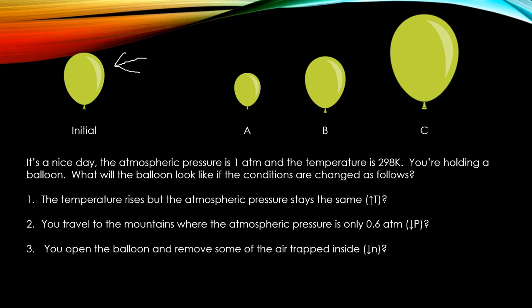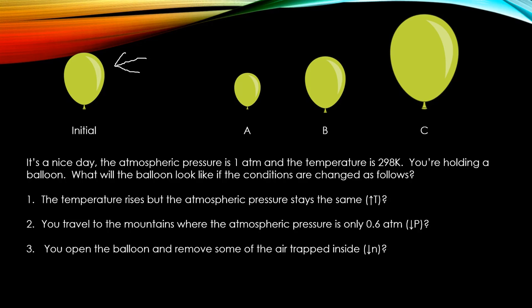All right. Third set of conditions. You start out with your initial, and you open up the balloon and remove some of the air trapped inside. So in other words, you're lowering the amount of gas inside the balloon. Well, you guys should know this since like kindergarten, but in terms of chemistry, that means we are removing moles, and moles and volume are directly proportional.